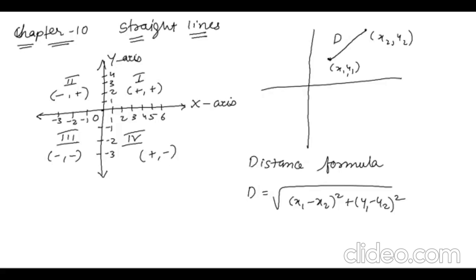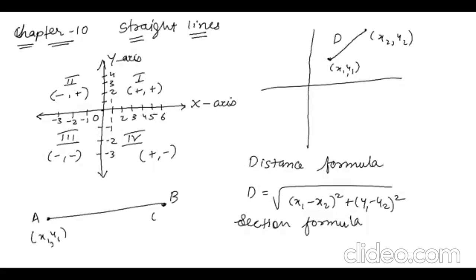Then we have seen the section formula, where we can find the coordinates of a point that divides the line segment AB, whose coordinates are (x1, y1) and (x2, y2). If we are interested in finding the coordinates of point P (x, y), then this point P can be found using the formula.